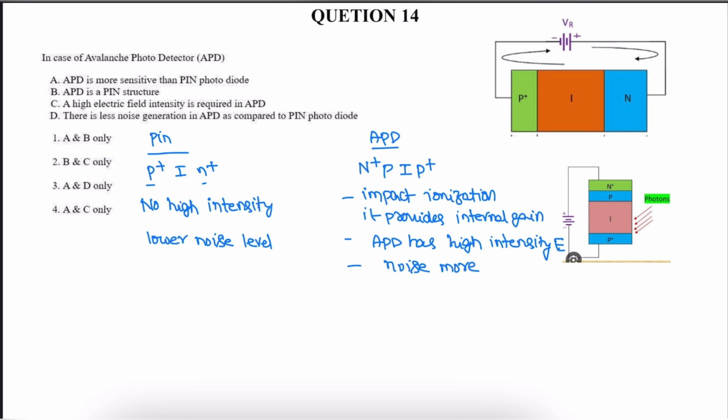The response time of PIN diode is lower because of the high resistivity intrinsic region. Here the response time is lower, and here the response time is more.